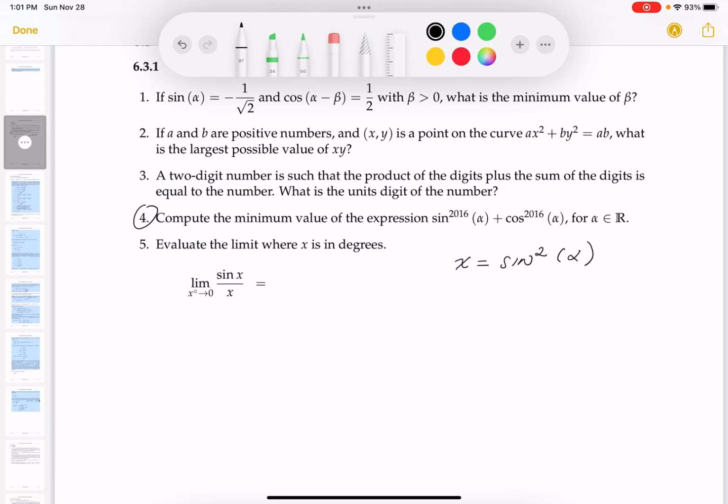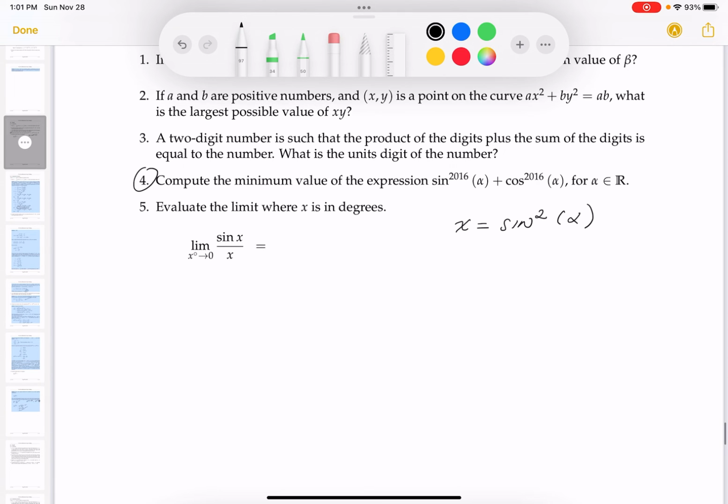It's a way to get rid of those abstractions in the problem. And what would you get? You would get x, let's see, that would be sine squared. So that's going to be x to the 1008. Again, if you raised this to 1008, that would be 1008 times 2, which is 2016. So that seems pretty reasonable to me.